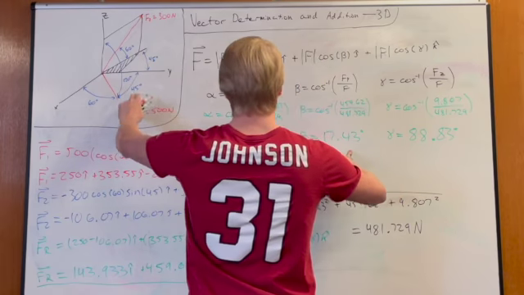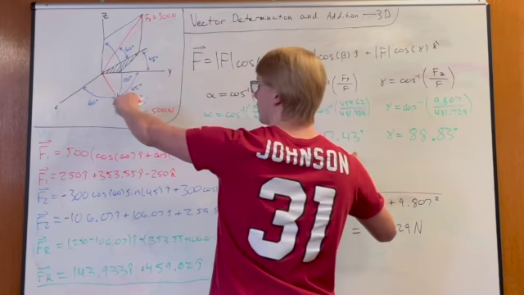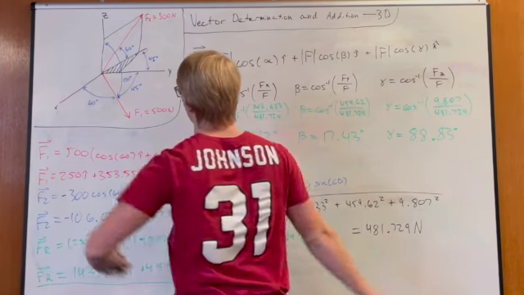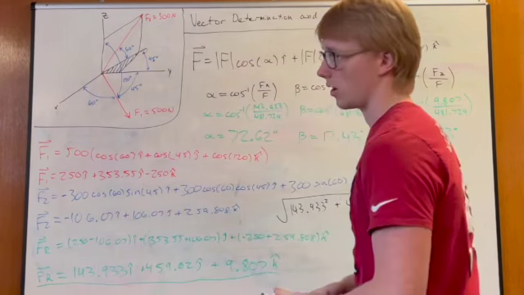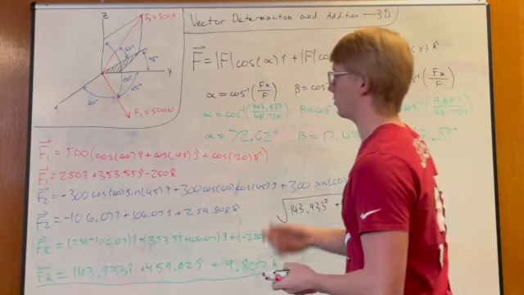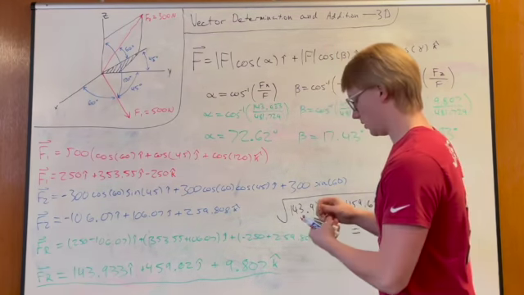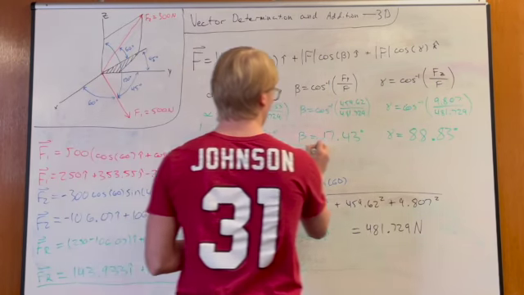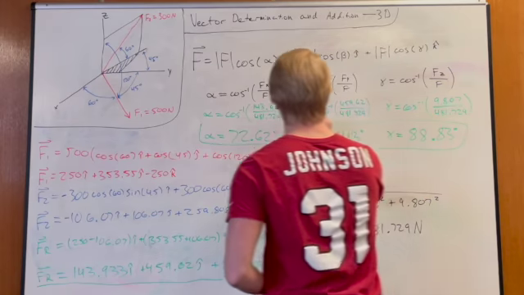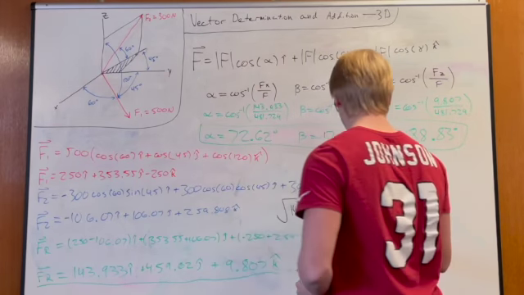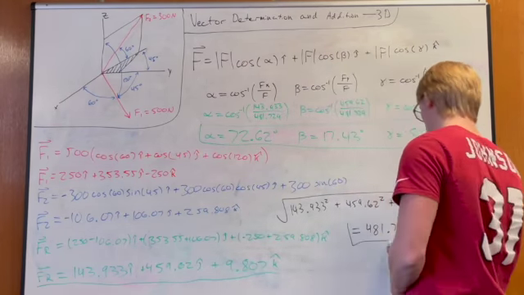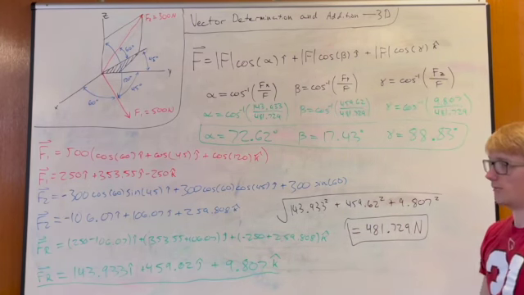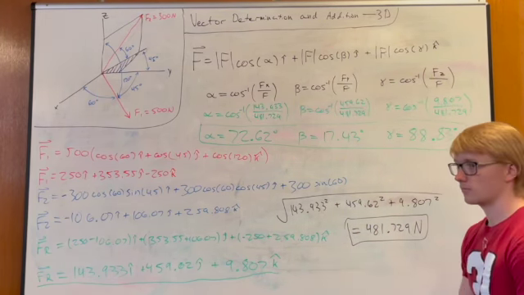Instead of 45 with F1, it's going to be 17 with the resulting vector, and then 88 with gamma instead of 120. So this is the direction the resulting vector is going, and this is the magnitude of that resulting vector when you add F1 and F2. Good?